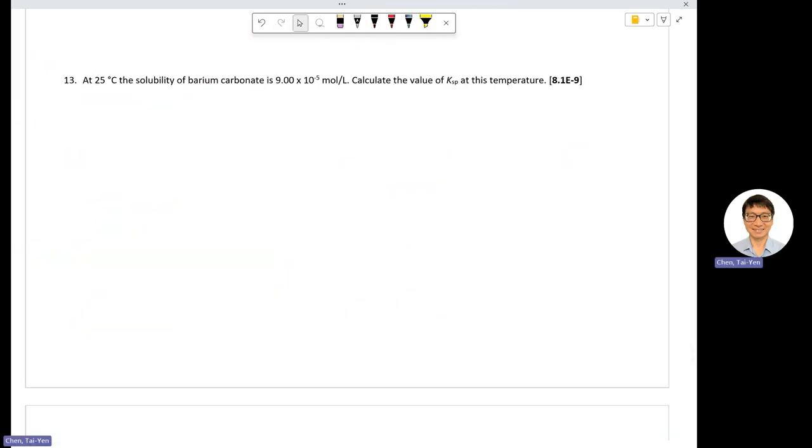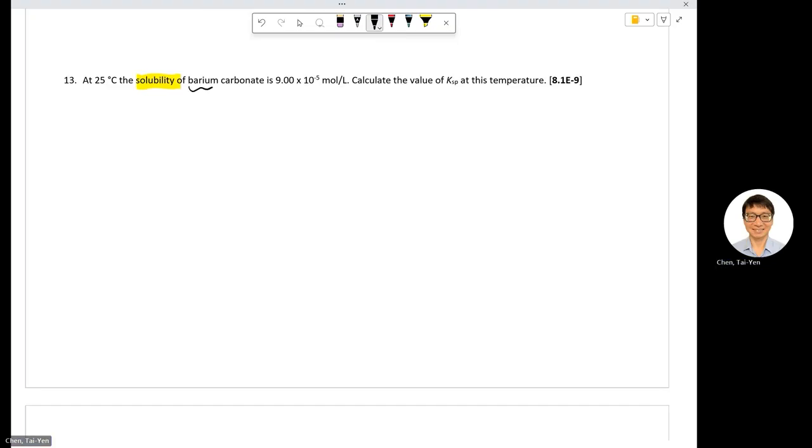So it says at 25 degrees C, the solubility of a certain compound is a certain molar solubility. Calculate the value of Ksp at that temperature. Okay. So again, the keyword is solubility, right? So the first step for a solubility question is always write out the chemical equation, right?